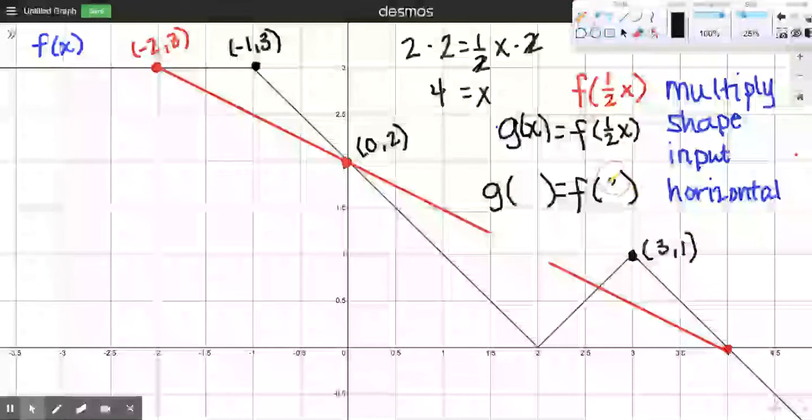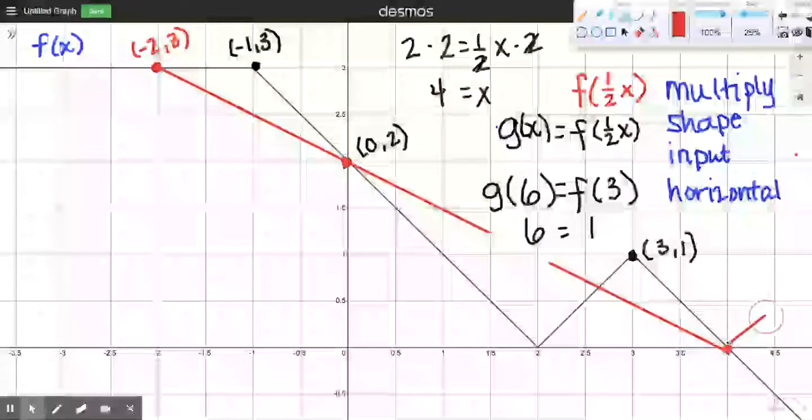F of 3 is equal to g of 6, because again, f of 1/2 of x is equal to g of x. So x must have been 6. So this is x, and this is 1/2 of x. Since f of 3 is 1, that means g of 6 is 1. As you can see, that point's going to be off what we can see right now, but we can tell that this graph is going to head off in this direction.